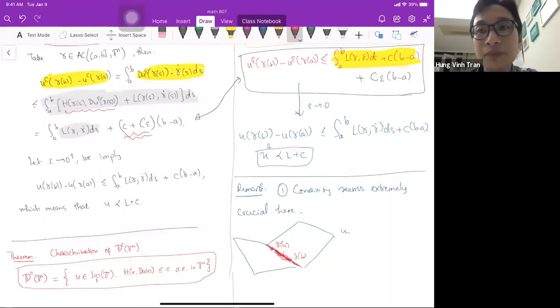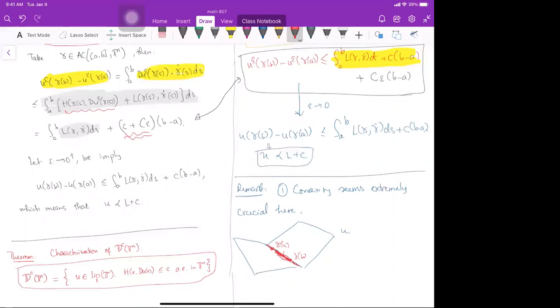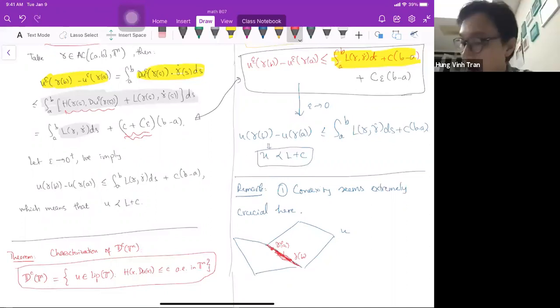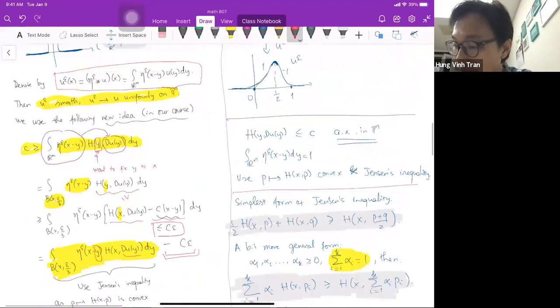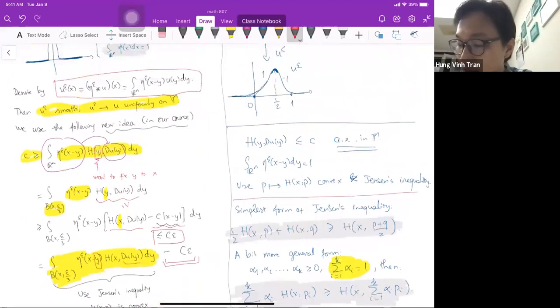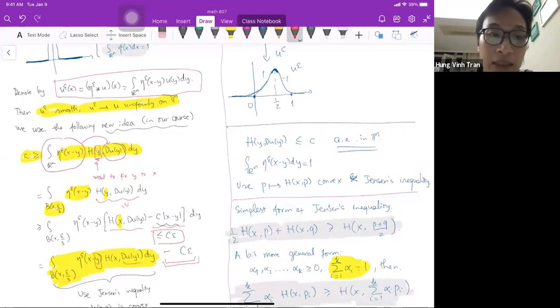Another question is, I think in the whole proof, you didn't use that U is Lipschitz. I think only that U is continuous is enough. So the key point here is that in order to have h of y, Du(y) defined almost everywhere, I'm already using the fact that Du(y) is defined, right?